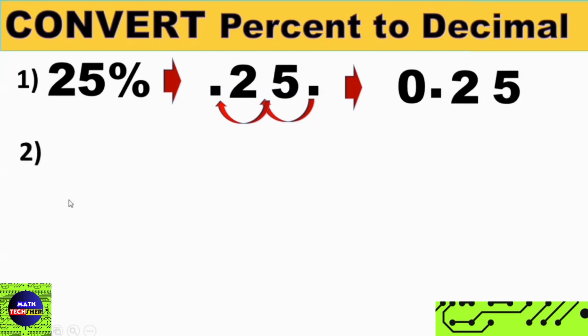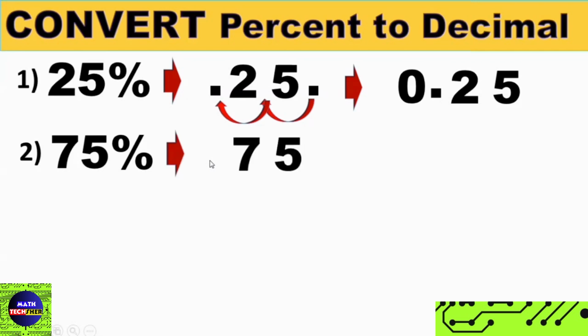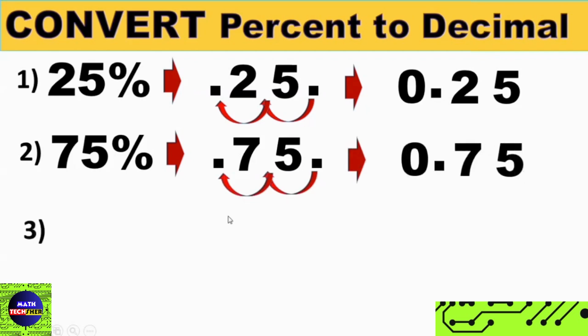So 25% is equivalent to 0.25. Next, number 2, 75%. And then eliminate the percent sign. And then from the point, count 2 places going to the left. We have 1 and 2. So add point. And then next is add 0. Then now we have 0.75.